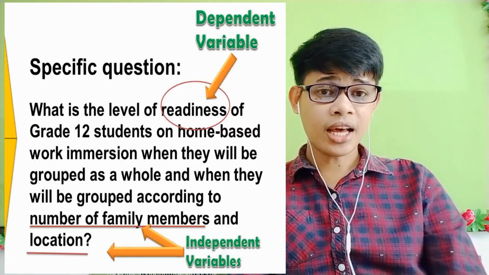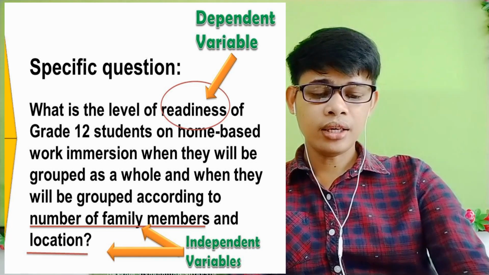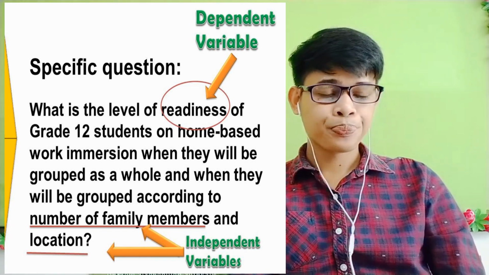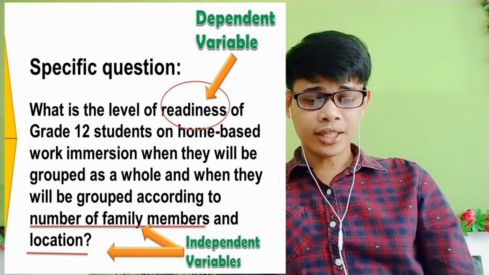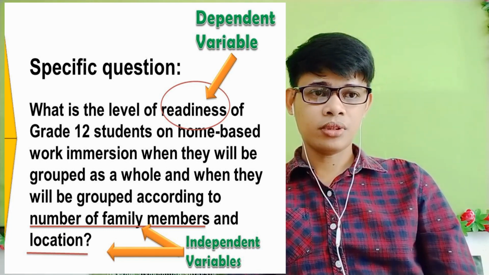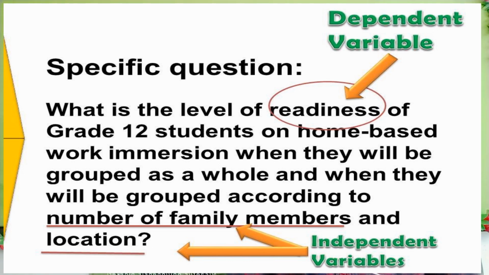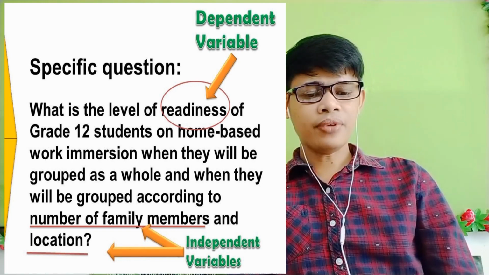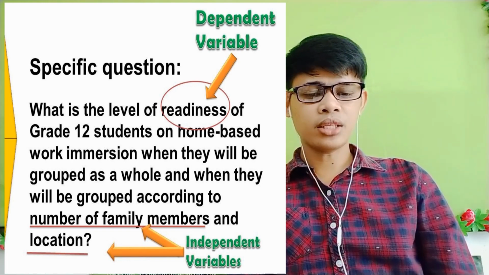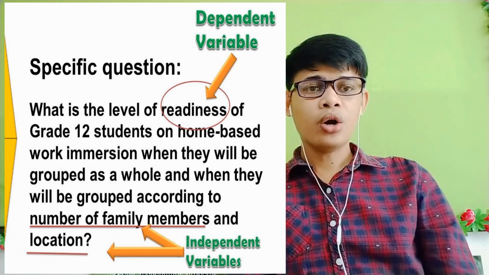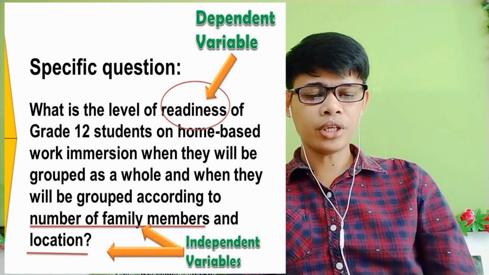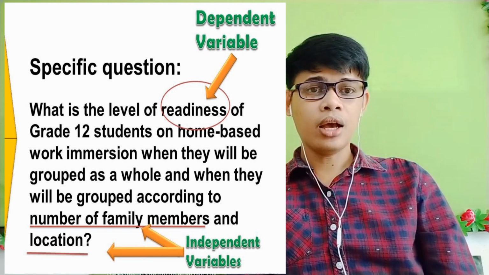Another way of identifying the dependent variable and the independent variable easily is through your specific question. Try to look at one descriptive question. For example, what is the level of readiness of grade 12 students on home-based work immersion when they are grouped as a whole and when they are grouped according to number of family members and location?